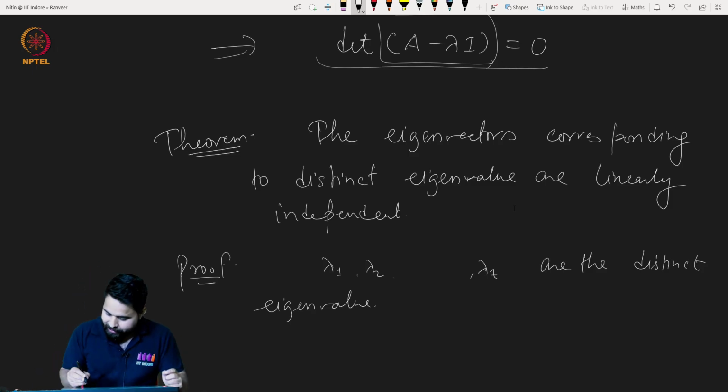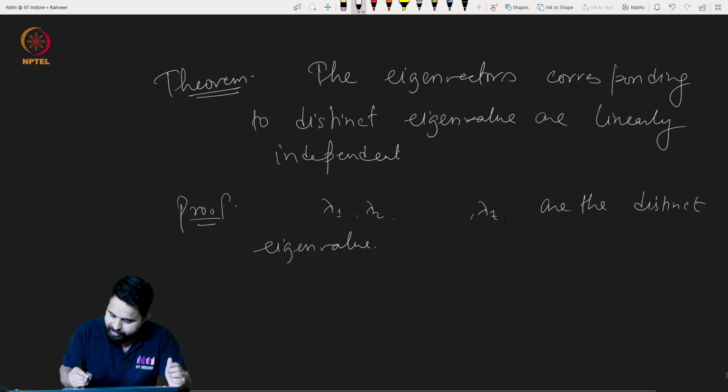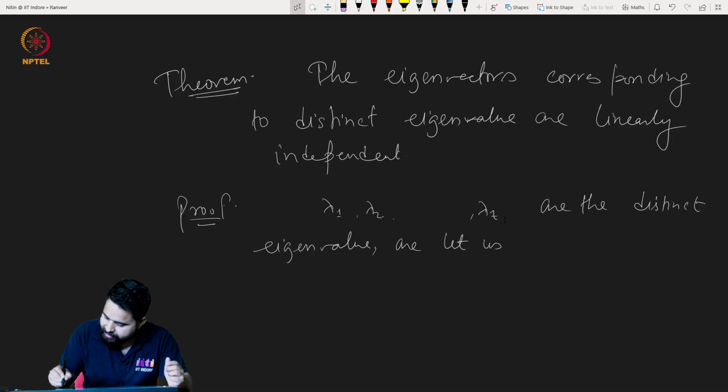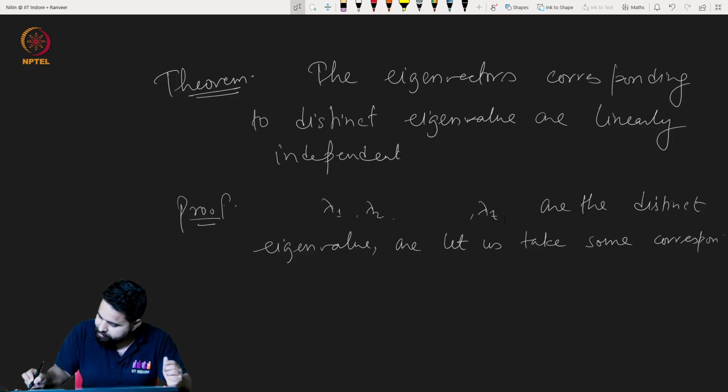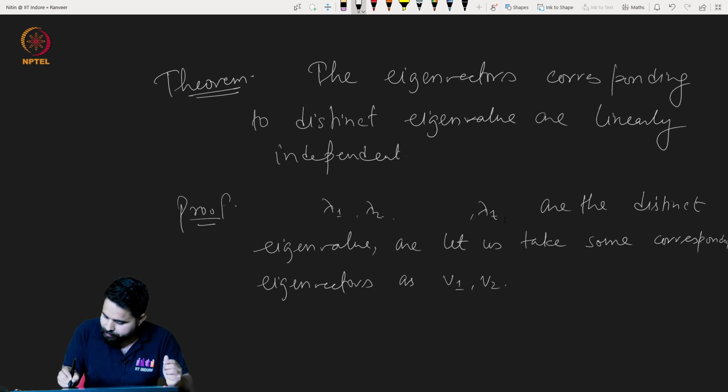Let us take some corresponding eigenvectors as v1, v2, up to vt.